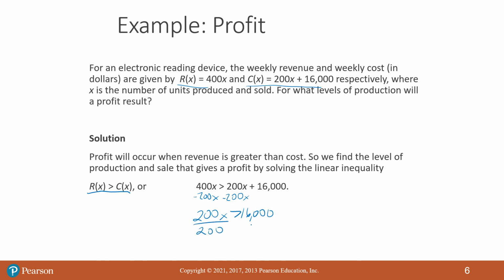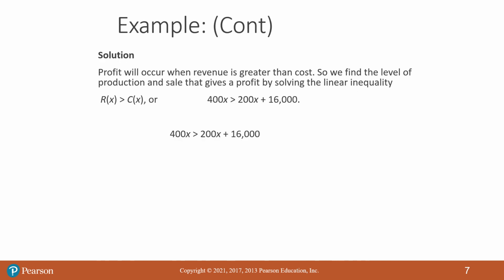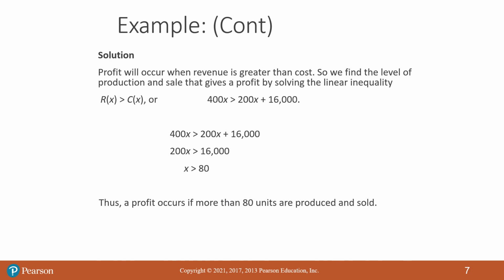Then to solve for x, I'm going to divide by 200 on both sides. Okay, zeros cancel here, 160 divided by 2. That leaves me with x is greater than 80. You can use your calculator to do the division and simplification there if you'd like. So, as we see, we break it down, we see that x is greater than 80.